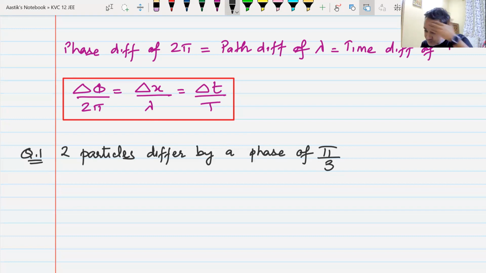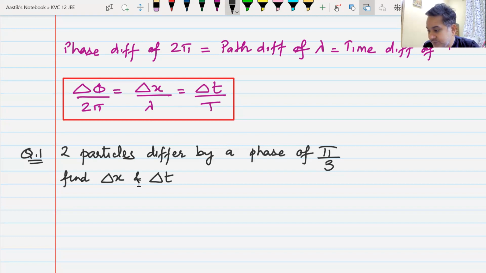Two particles performing SHM or in a sinusoidal wave differ by a phase of pi by 3. Find the path difference. Delta x, remember, is path difference, and delta t is the time difference between the two particles. That is the question we are looking at.